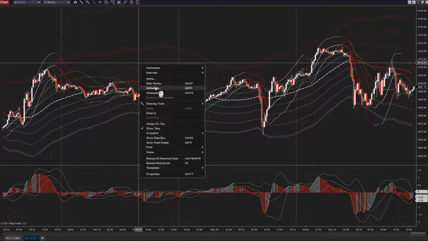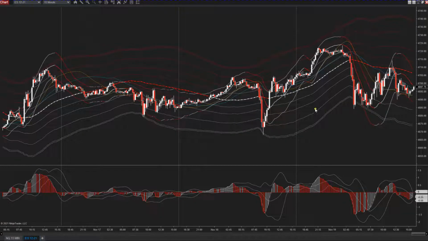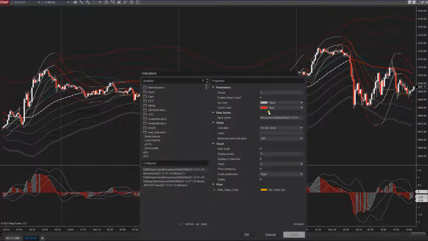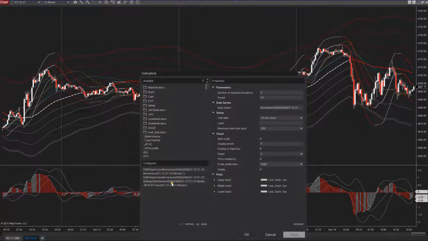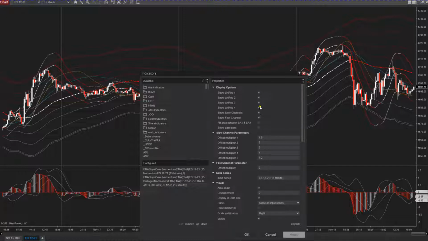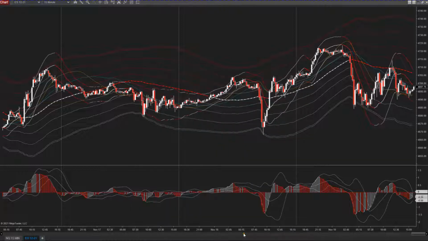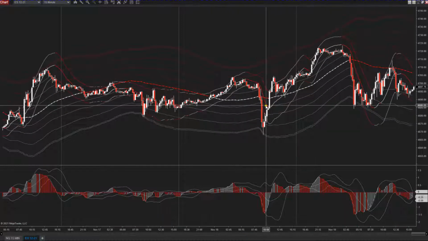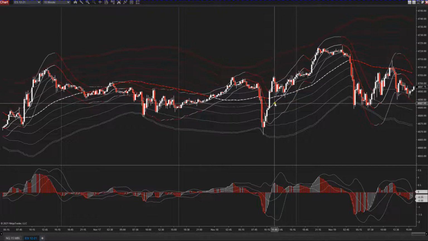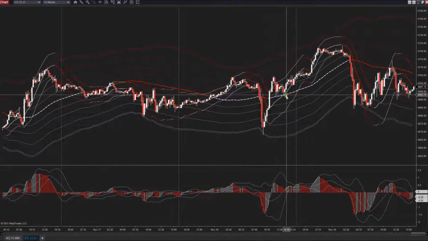Let me take the 2 and 3 back off. It's kind of confusing. Even, like I said, I'll get to the point where I strip it down to. So let me just put the 1 and the 4. And the 4 will act as the midline for the fast channel.